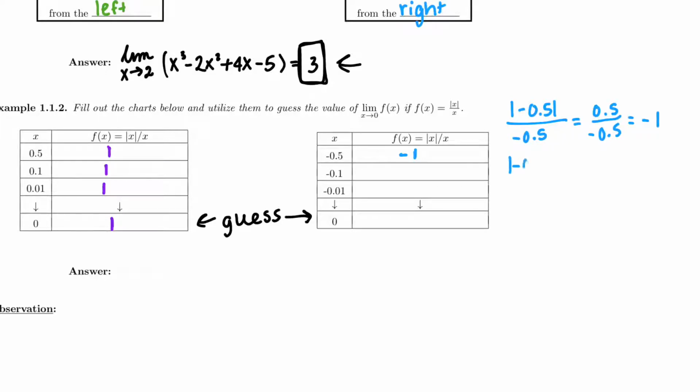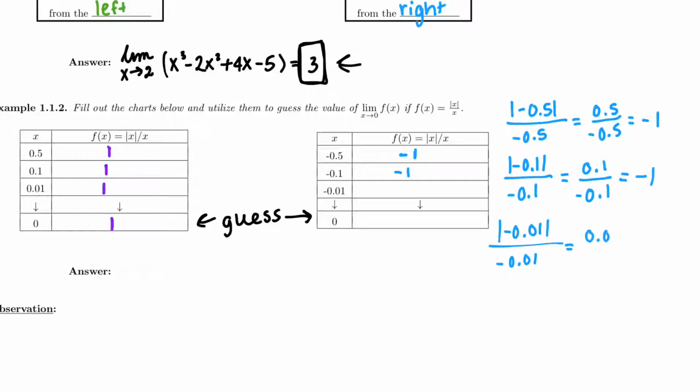The absolute value of negative 0.1 over negative 0.1 is negative 1. So we get negative 1 that entire way. Our guess would be that this goes to negative 1.